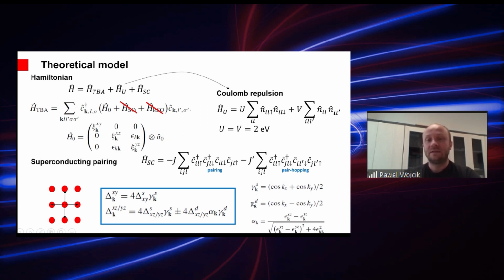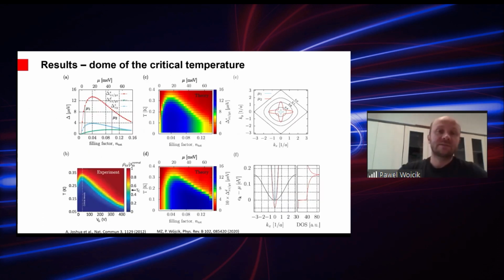Here you have the symmetry factors for both considered symmetries. Okay. So if you look at our results, you can see that in fact we were able to reproduce exactly the experimental data.